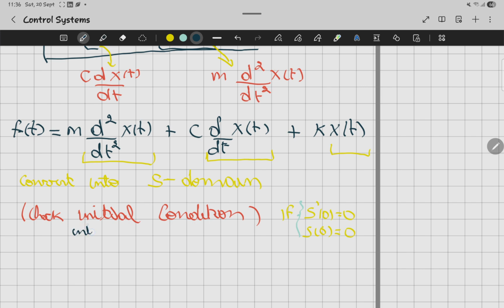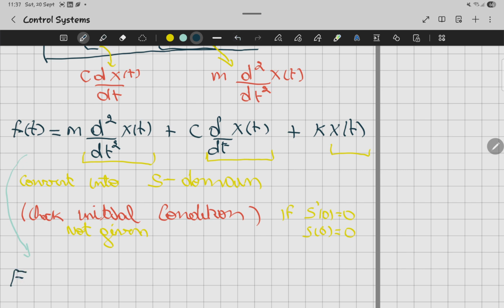We know that the initial condition equals 0, or it's not given. Let's say not given. So what you will do here, you're going to convert this block into S domain, so you will get something like this.